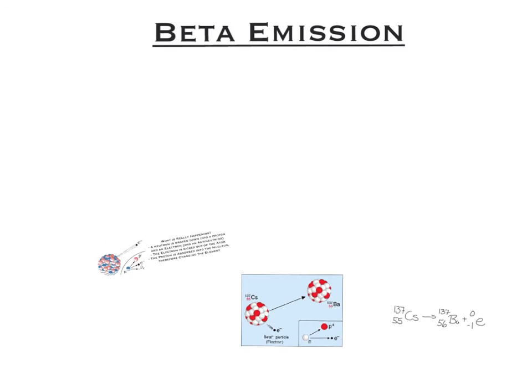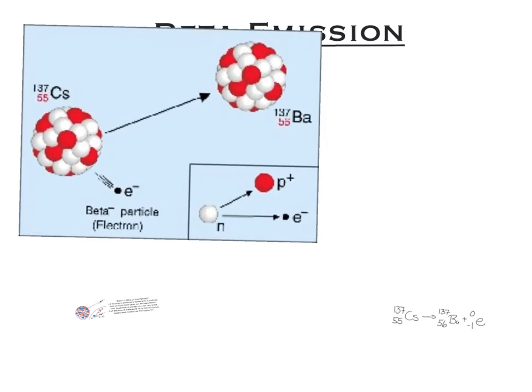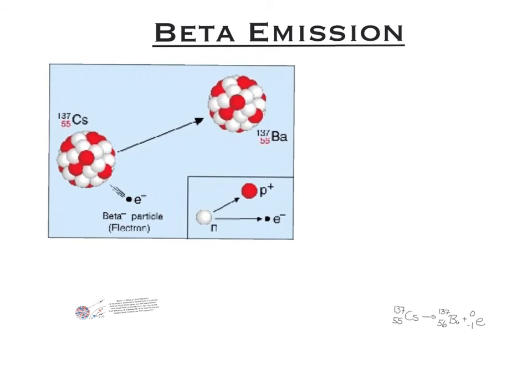Now, looking at that in a very specific example, I know these numbers might be hard to see, but we have cesium-137 here to start. There's a simpler picture here: the neutron becoming the proton and an electron. The electron is kicked out, and that proton is absorbed into the nucleus.